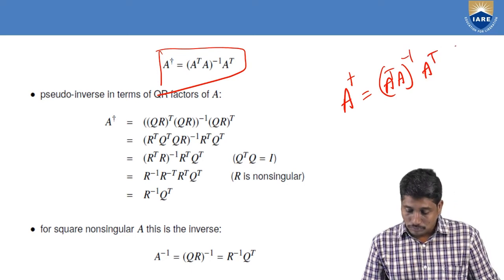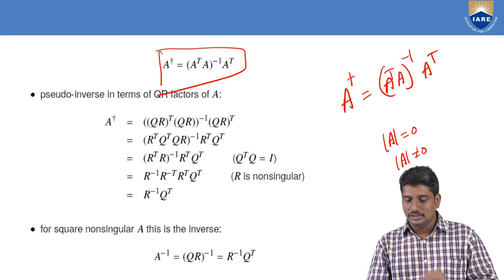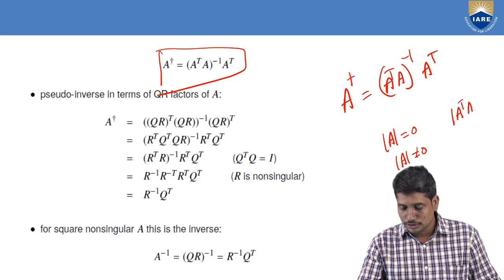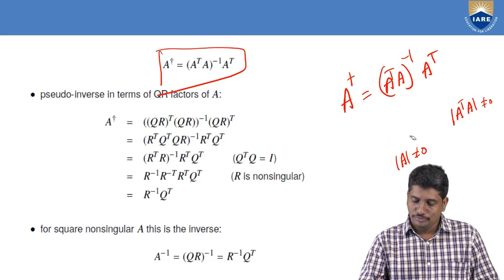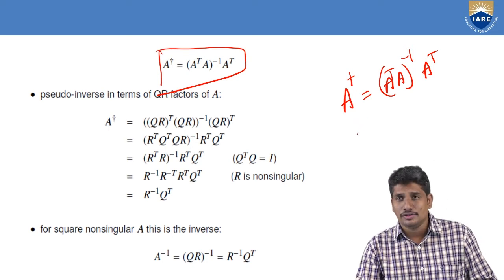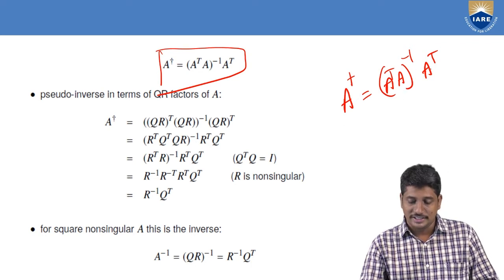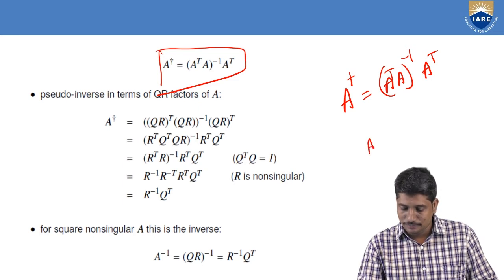That means whether det A is 0 or non-zero, if the matrix is non-zero, definitely det of A transpose into A will be non-zero. With this idea, they have defined the pseudo inverse as A plus equals (A transpose A) whole inverse into A transpose. Of course, it is motivated with this idea.